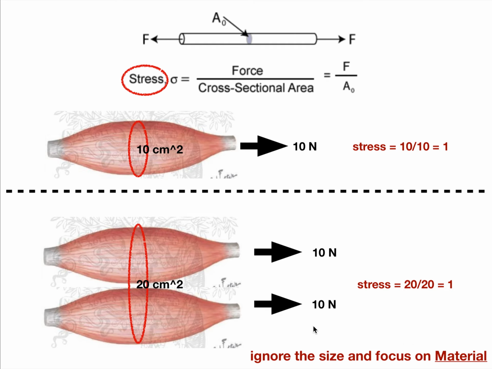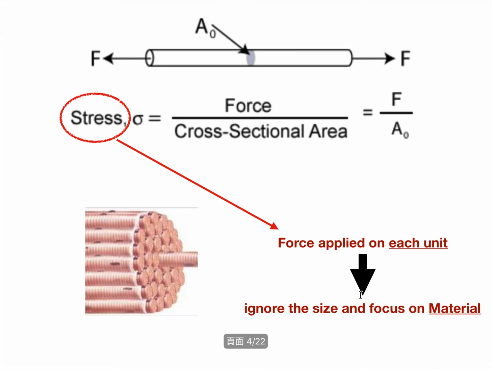So if it's muscle fiber, we don't care if it's 2 or 3 or 5. We don't care if it's a big muscle or small muscle. If the material is the same, we expect to get the same stress when we apply force to it. So we know that muscle consists of multiple muscle fibers, and when we apply a force to it, we want to know the force distributed to each unit.